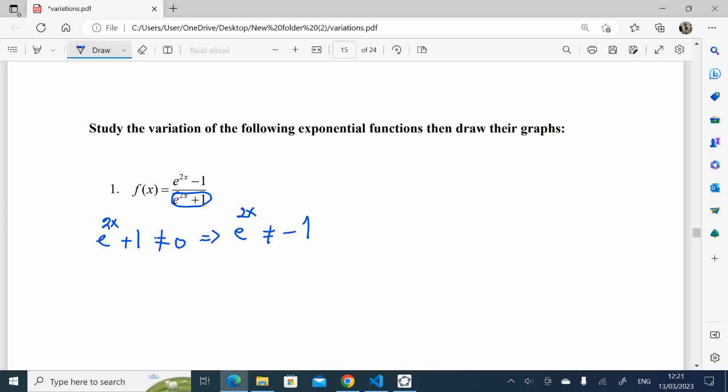In fact this is always true because e^x is strictly positive, which means the domain of this function is (−∞, +∞).